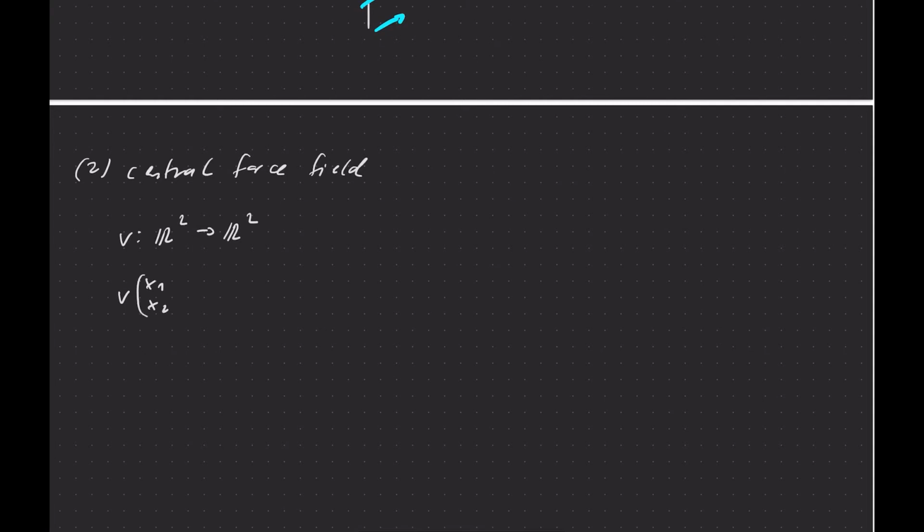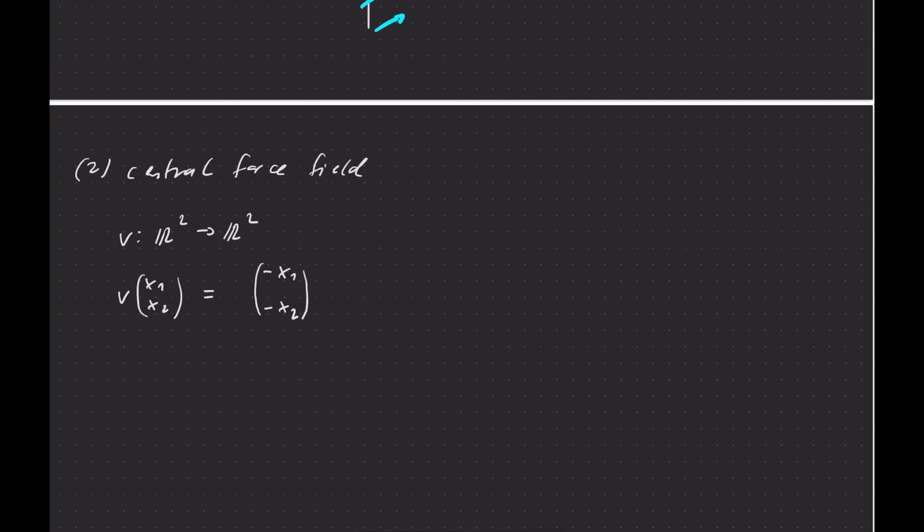And let's say we have a force that will be directed at the center. Then that means we'll have a vector field that assigns to each point (x1, x2) something like a vector (-x1, -x2). So it's directed back to the origin.